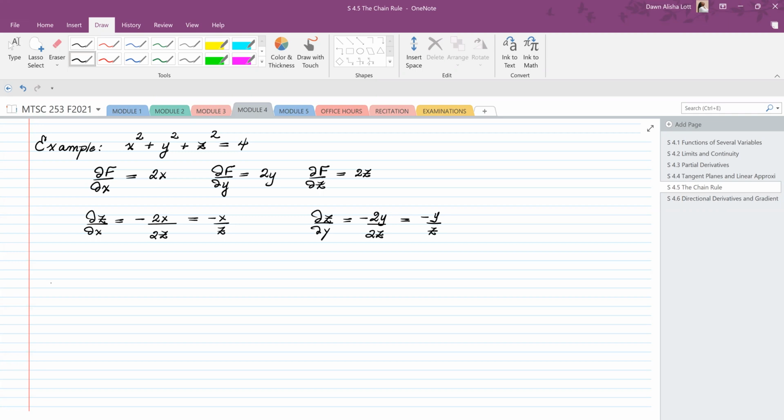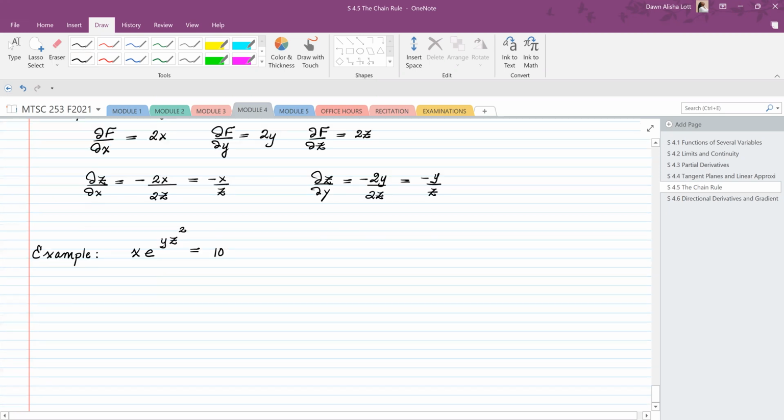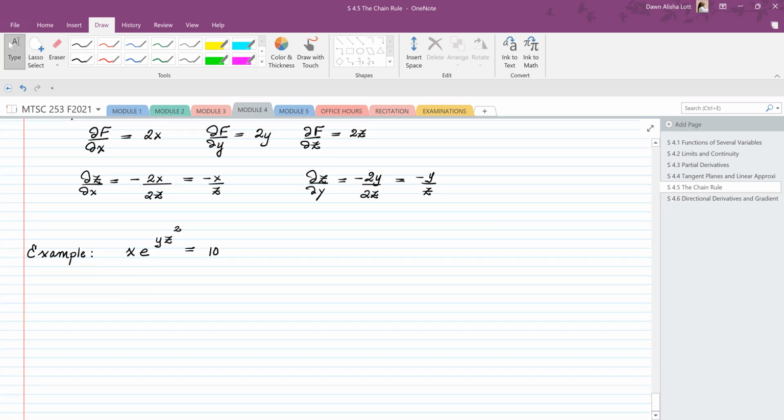So here's one example. x e to the yz is equal to 10. Now, I could solve for z, but solving for z would be, wow, let's see.